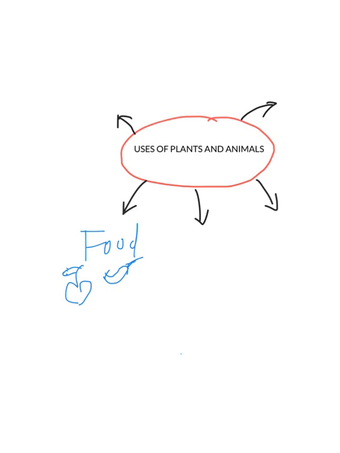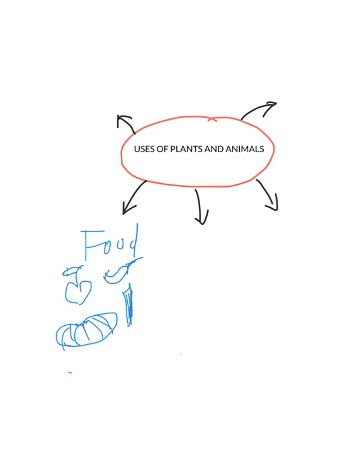We also get vegetables like a pumpkin and we get ladyfingers. We get them from plants.